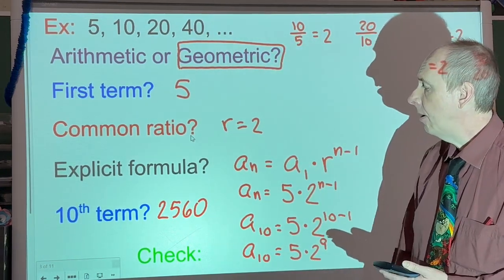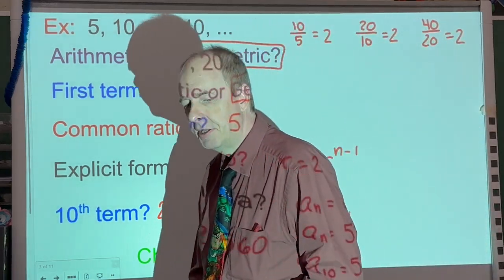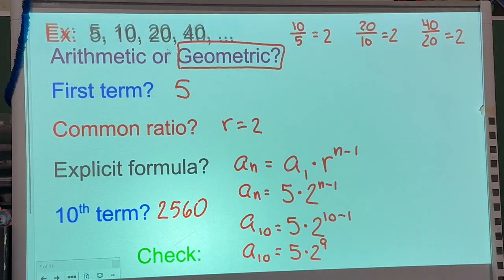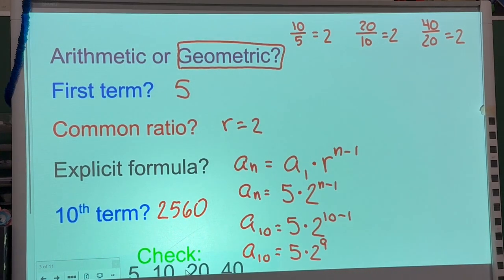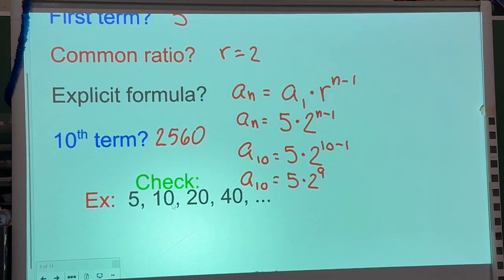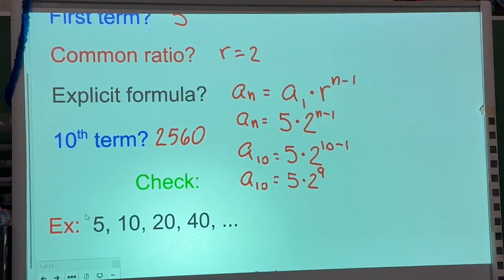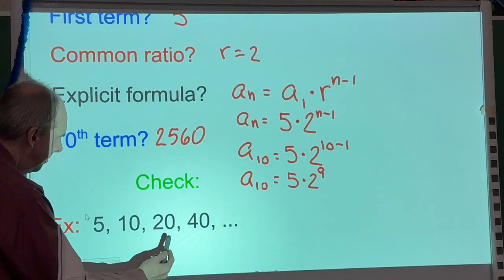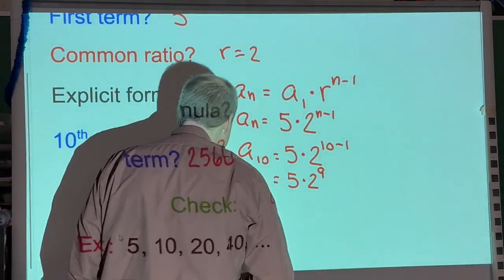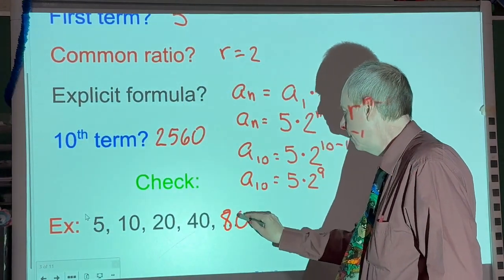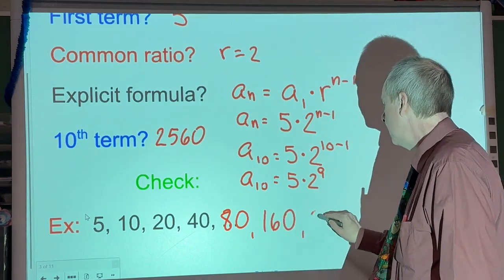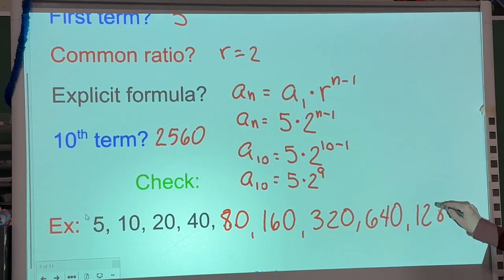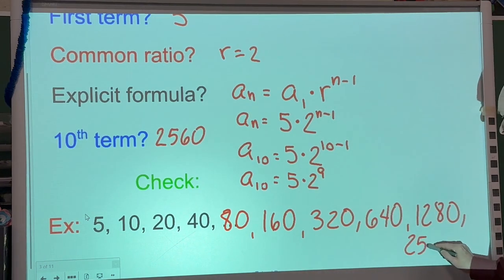Let's just continue our sequence and check it to make sure that we're good. First term times 2, times 2, times 2, times 2 would be 80, times 2 would be 160, 320, 640, 1280, and 2560.